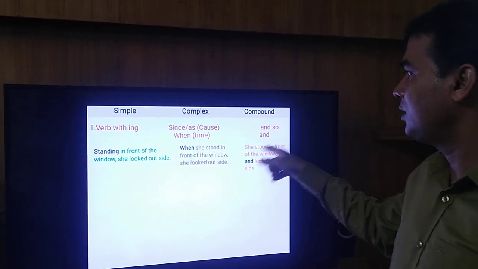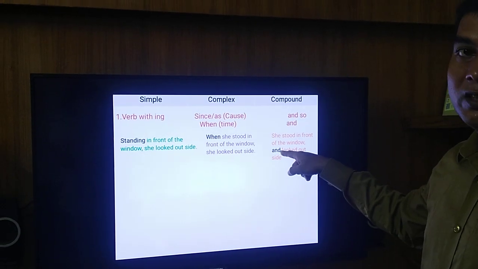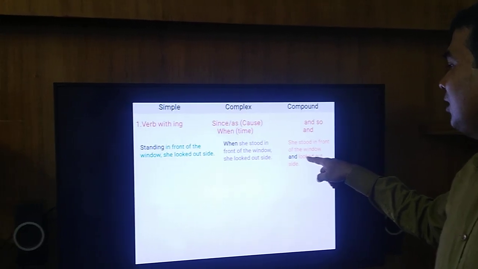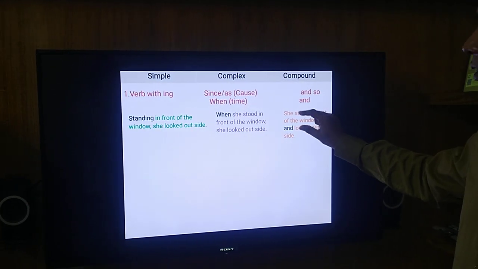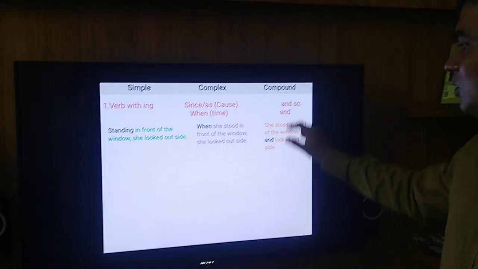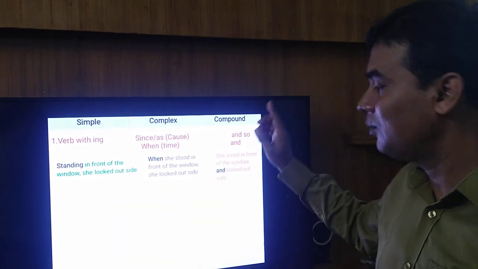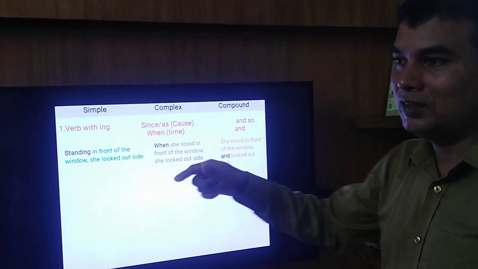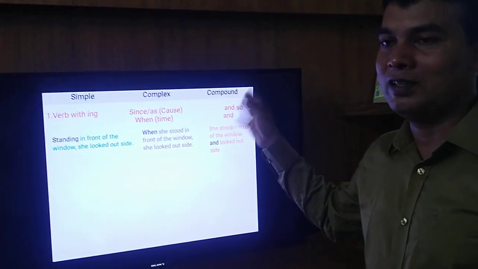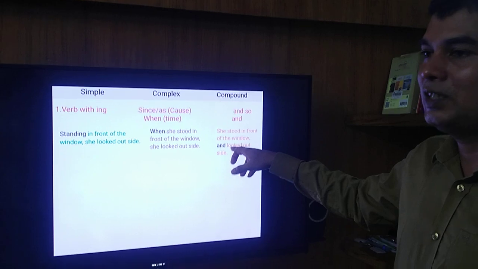The first principal clause, she stood in front of the window, then coordinating conjunction and looked outside. Here one thing you should know, if the subjects of the two clauses are the same, then you need not mention the subject in the later clause. That's why she has been omitted here.